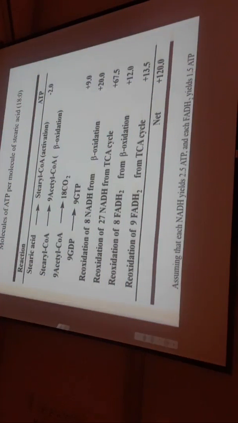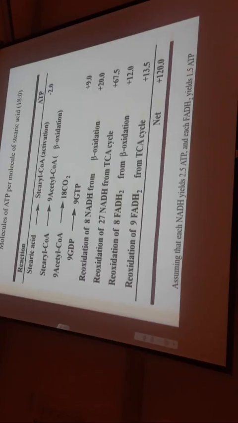So let's take a look at the overall energetics. Remember what I told you in the beginning, when we started talking about lipid degradation, that fats are very energy rich. Remember when we talked about glycolysis and utilization of glucose for energy production, especially under anaerobic conditions, it was just a net yield of 2 molecules of ATP.